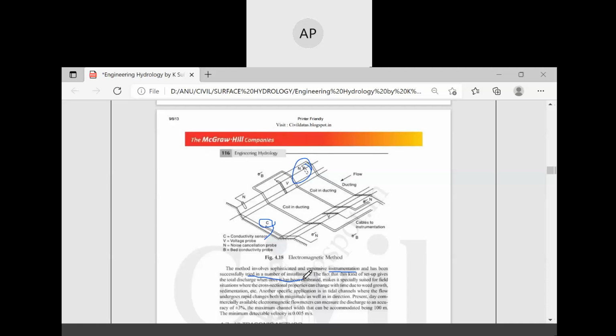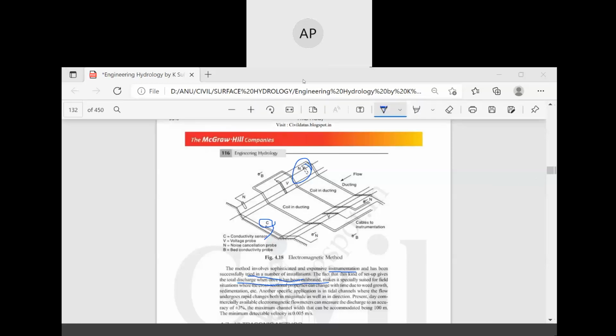The fact that this kind of setup gives the total discharge once it has been calibrated makes it specially suited for field situations where the cross-section properties can change with time due to weed growth, sedimentation, etc. Another specific application is in tidal channels where the flow undergoes rapid changes both in magnitude as well as in direction.